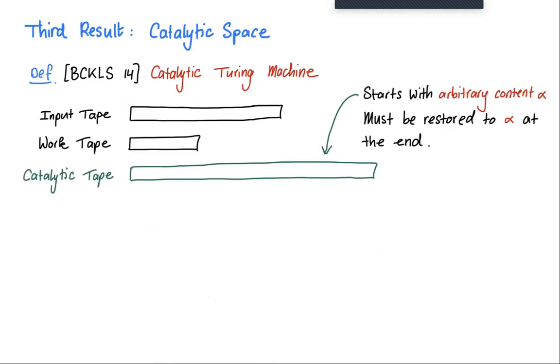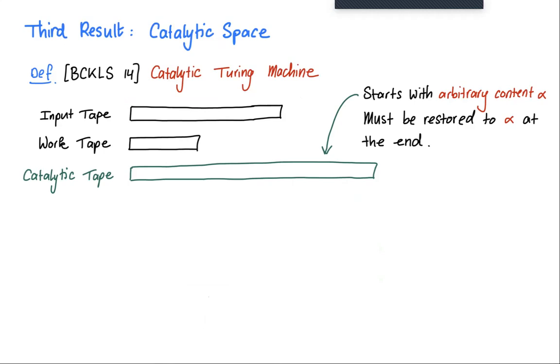All right, let me talk about our third result, which is about catalytic space. So this notion of a catalytic Turing machine was introduced by Berman et al. in 2014.